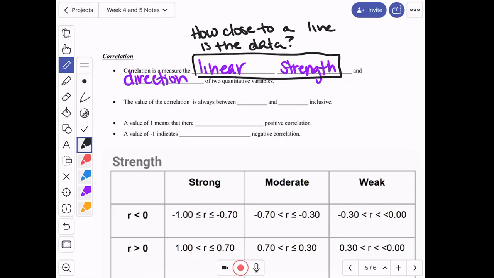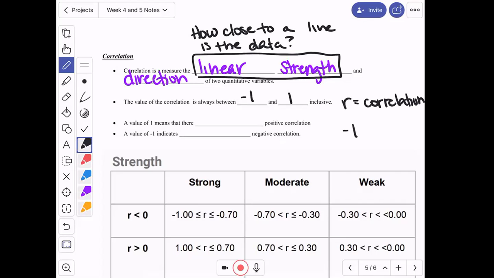Correlation itself always falls between two numbers. It always falls between -1 and +1 inclusively. We call it the letter R, by the way. So R is equal to what we call our correlation.